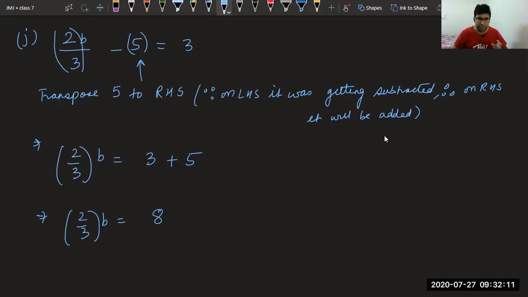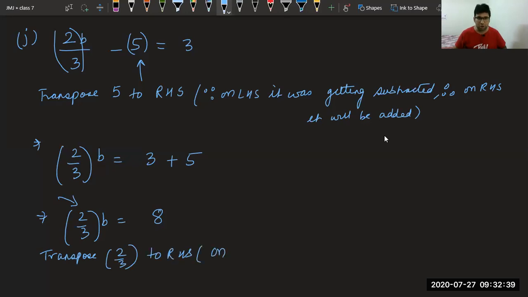Now tell me, if you see this whole fraction 2 by 3 is getting multiplied with b. So what is the next step, all of you? Very good. We will write transpose 2 by 3 to right hand side.